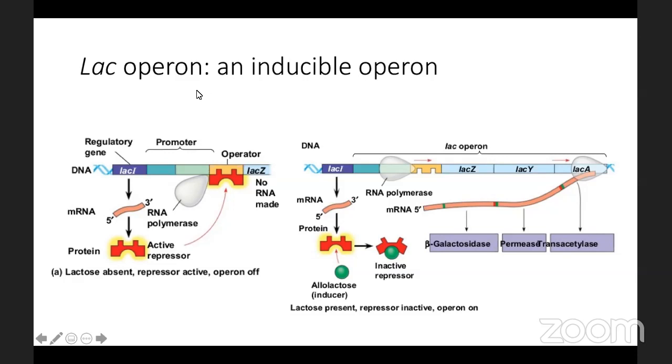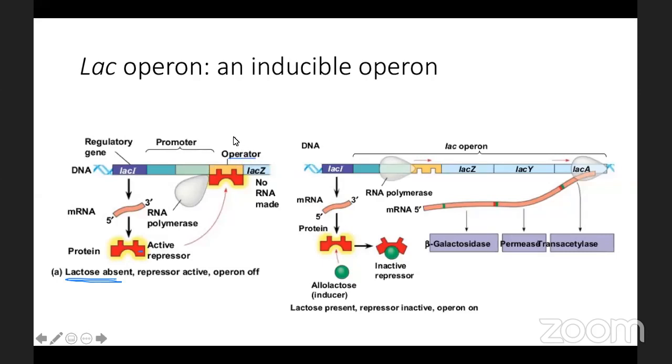So the Lac operon is an inducible operon. What that basically means is that in its normal state, it's usually off. If we look at the left schematic, usually when there's no lactose present in the cell, a repressor, shown here in red, is able to bind to the operator.